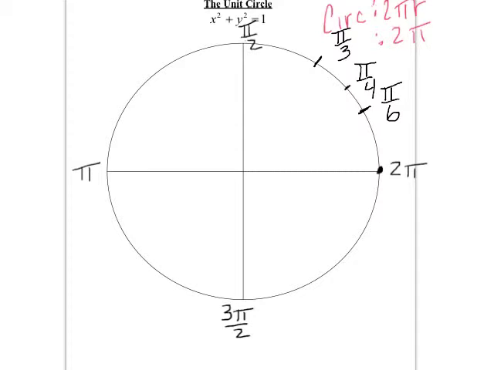Now, a couple things just to review. When I say that this point right here is pi over 6, what I mean by that is if I were to take, let's say, a measuring stick, and if I were to measure how far it is from here to here, it would be pi over 6 in length.